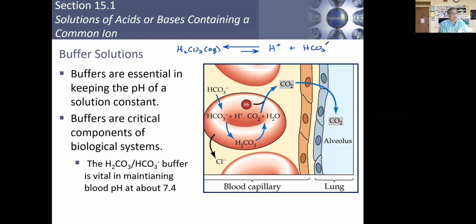This anion is your conjugate base. So this is the acid, and this is the conjugate base of the carbonic acid. This particular ion is what we refer to as the bicarbonate ion.